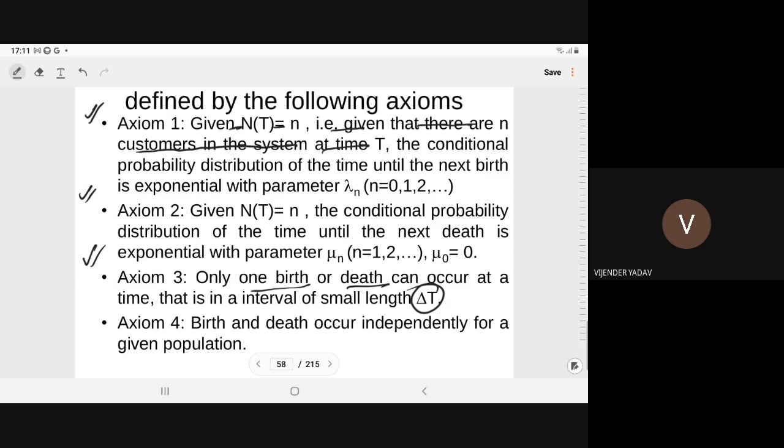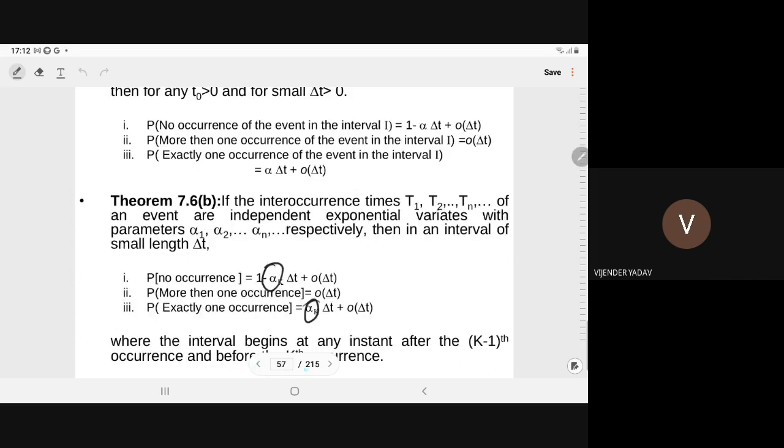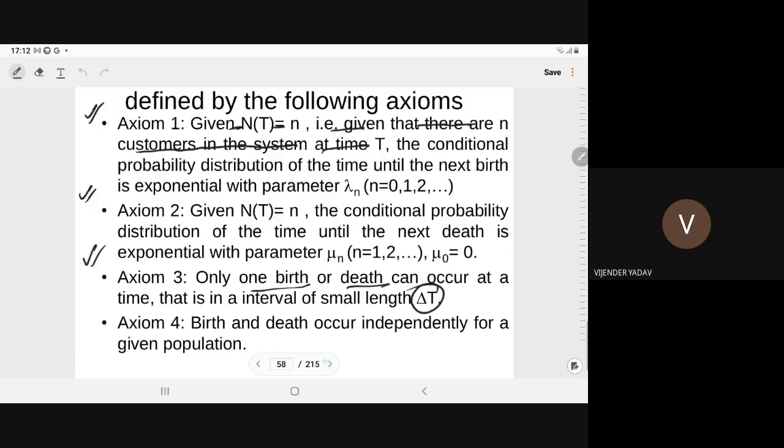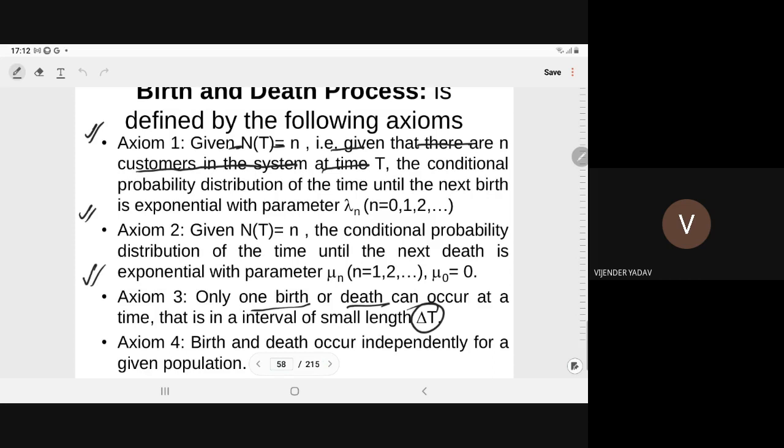Axiom 4: birth and death occur independent of the given population, meaning presently how many people are there is independent of that. Why are we calling it birth? Birth means the arrival, and death means the departure.